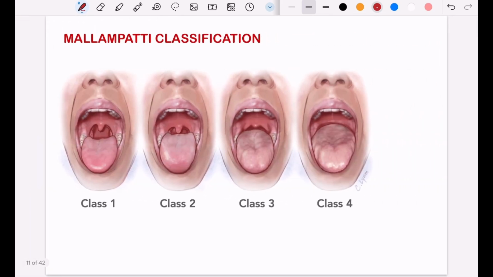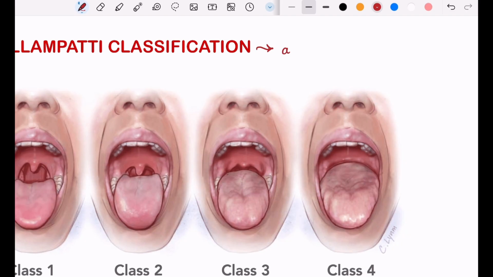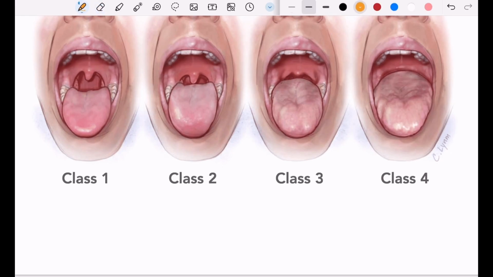Next we are going to see about the Mallampati classification. It is used to assess the airway clarity. In class 1, we can see the hard palate, the soft palate, the tip of uvula. In Mallampati class 2, we can see the hard palate plus soft palate plus only the base of uvula.